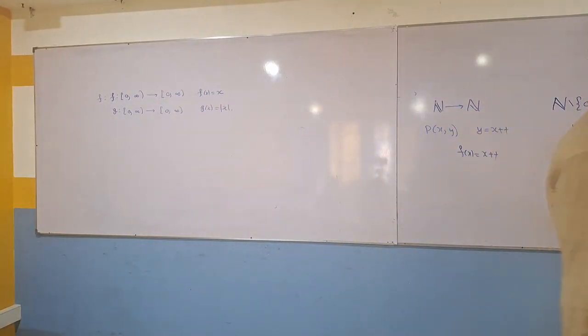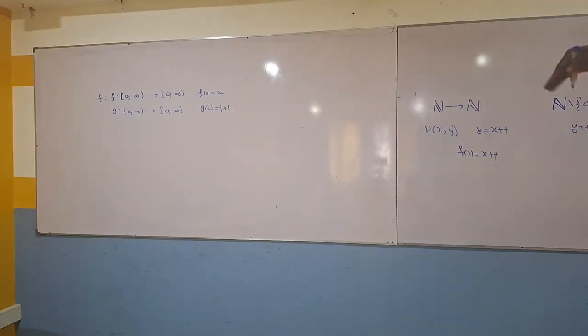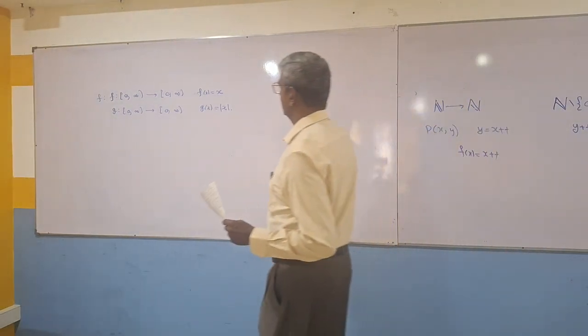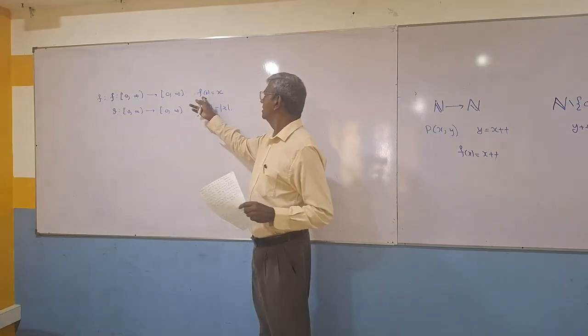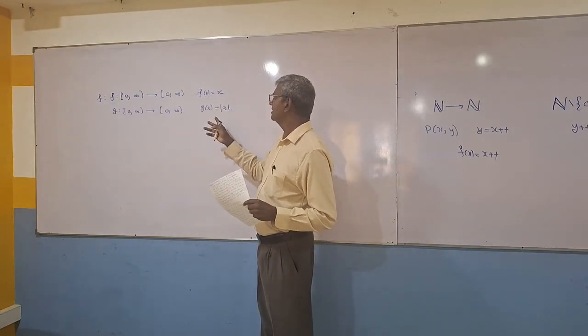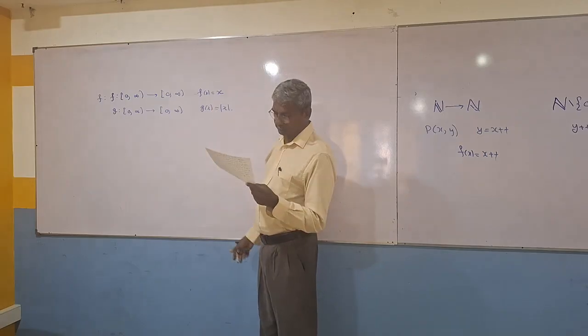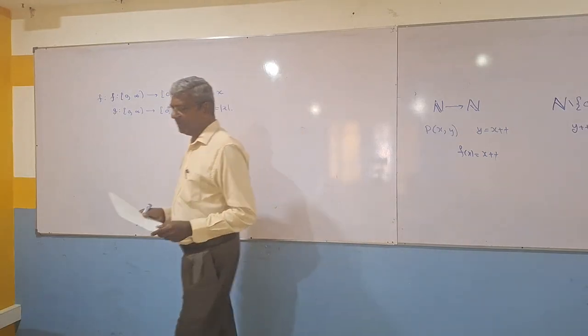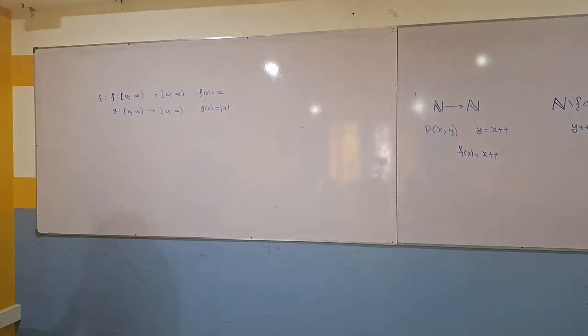They have the same domain. I just wrote the range also, it's going from 0 to infinity. But the formula, the output: here I am saying output is f(x) equals x. Here for this function the output is equal to mod x. They appear different, no? So there are two f's.